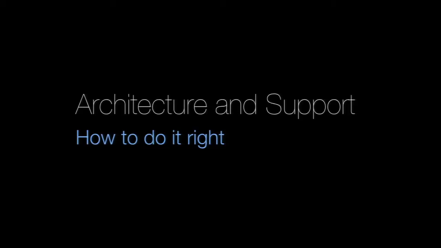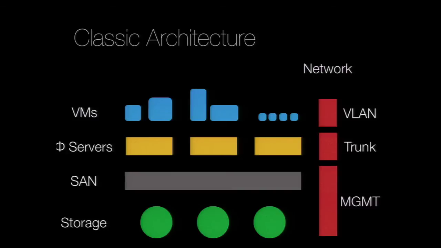If we take a look at the architecture and support you have to use when you talk about virtualization in general, most of the time, you want to do virtualization to improve the resilience of your network and to optimize the cost of it.